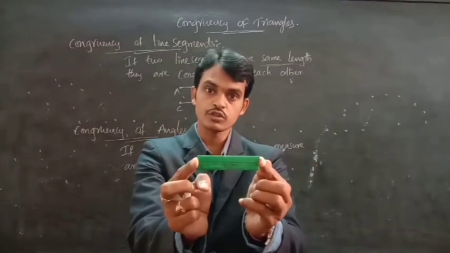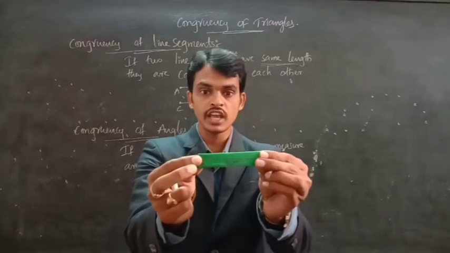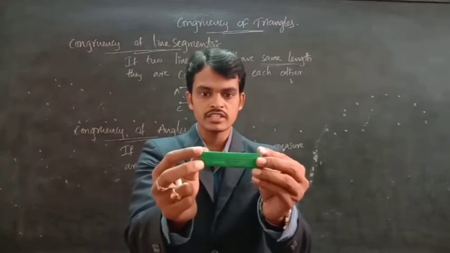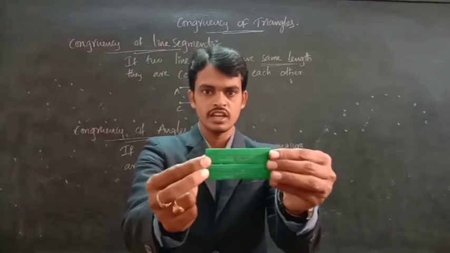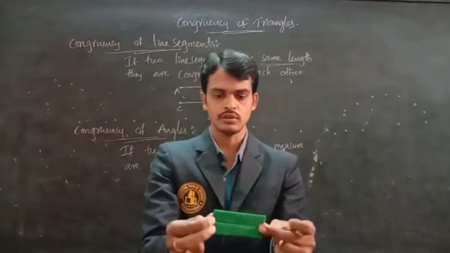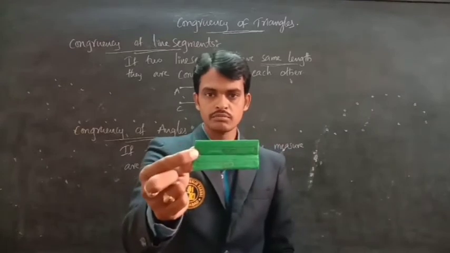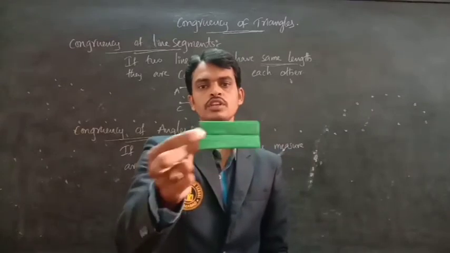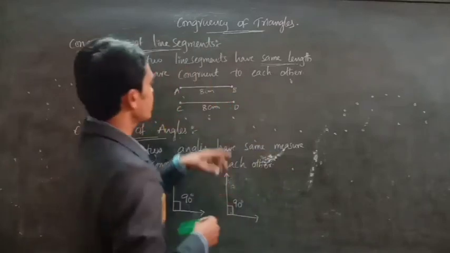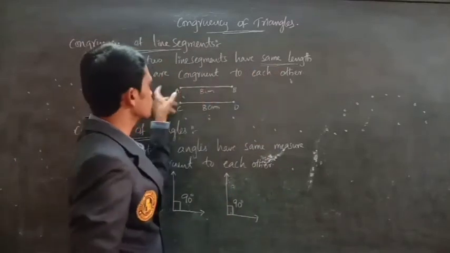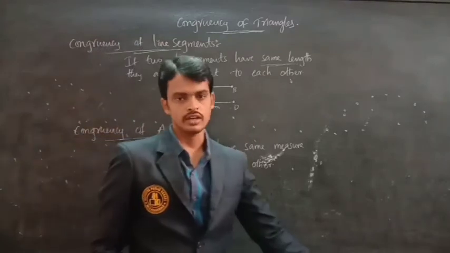When they are superimposed, they have the same length, so these line segments are congruent to each other. If line segments have the same length, they are congruent to each other.